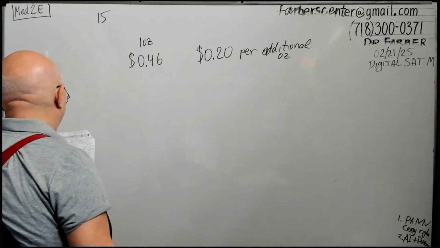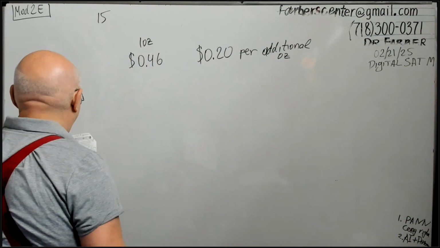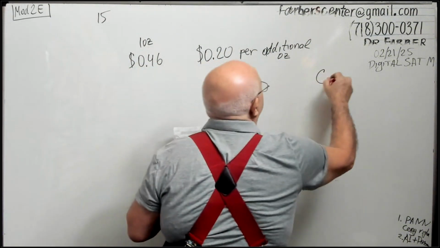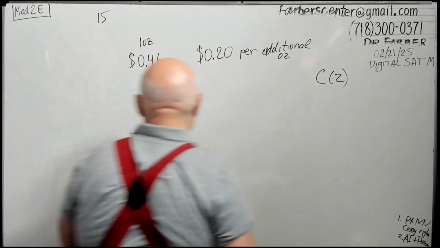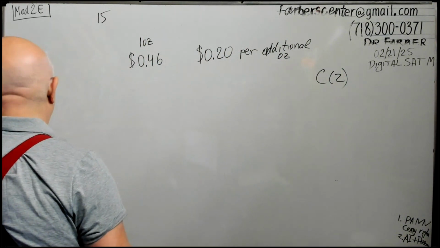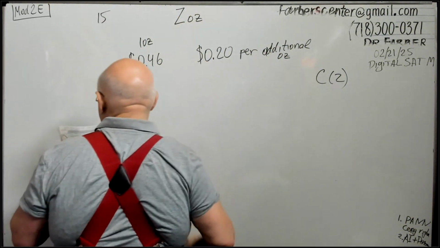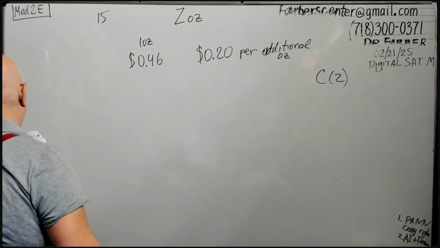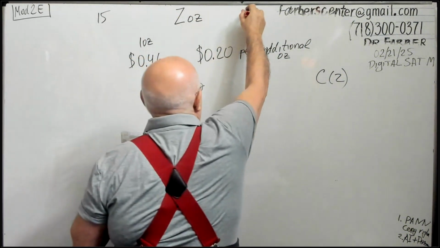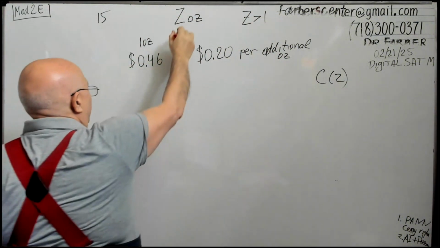Which function represents the cost C of Z? They ask you, for a letter weighing Z ounces, we have Z ounces, where Z is an integer greater than 1. So you split this cost into 2 pieces.